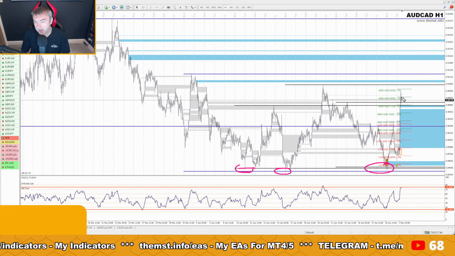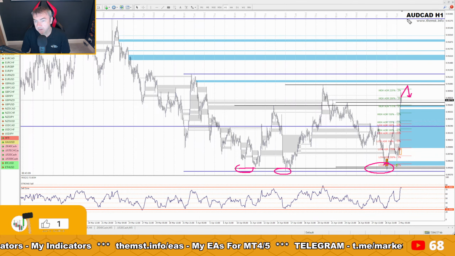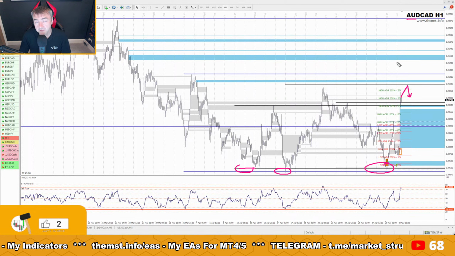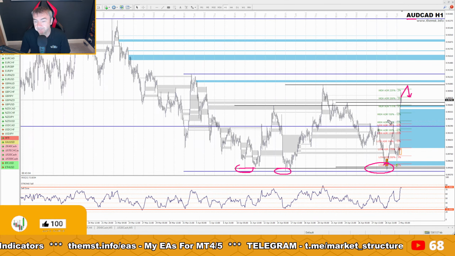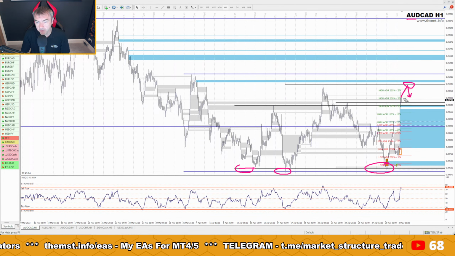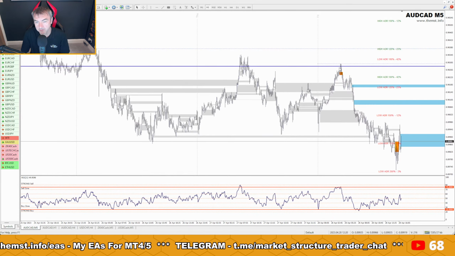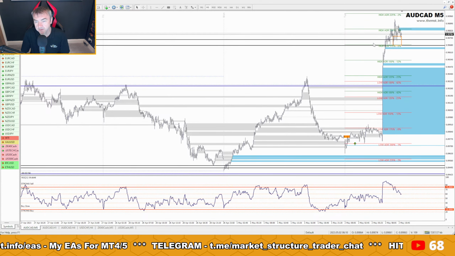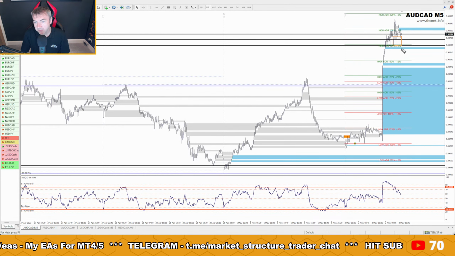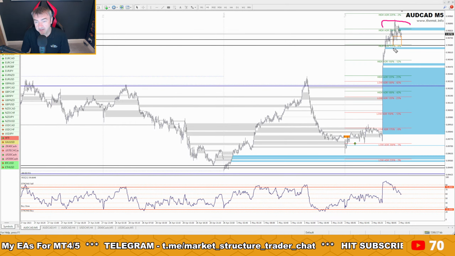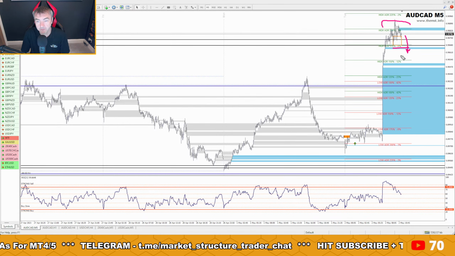So where we are now, that's a good looking short. Obviously, if this Australian dollar isn't going to continue to push, which we don't know yet. So that would be a lovely short opportunity there. Drop down to M5, M15, look for reversal alerts, look for some kind of structure break. We're 200% ADR on this today as well, so there's potential for that to turn on that reversal.